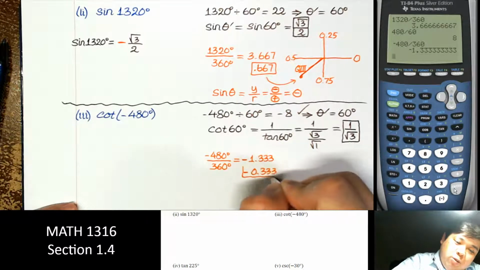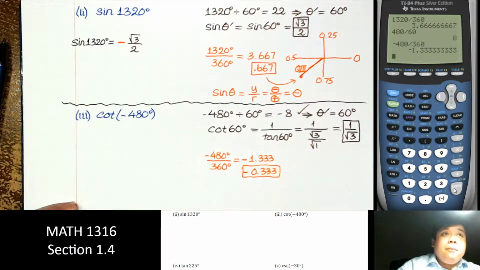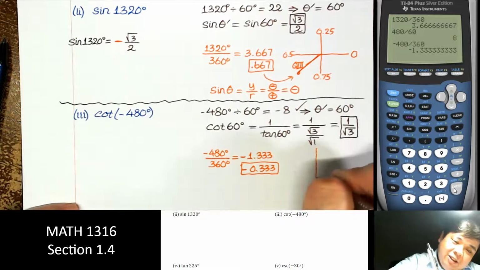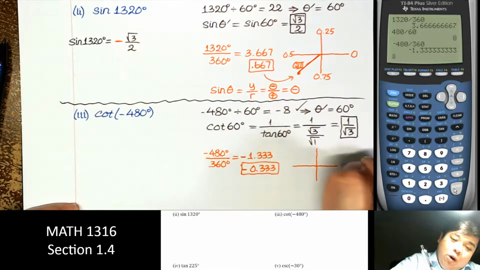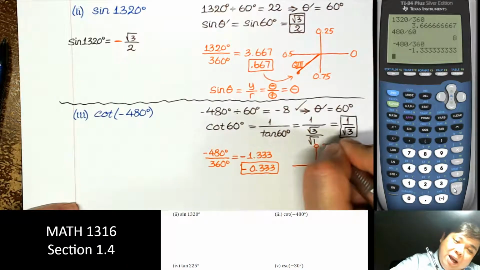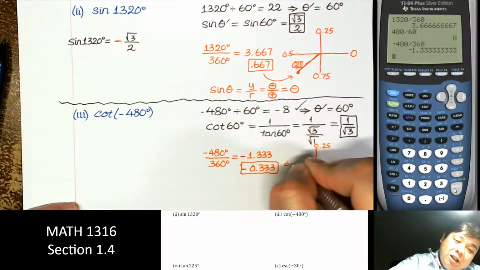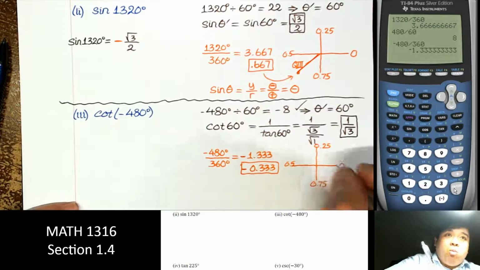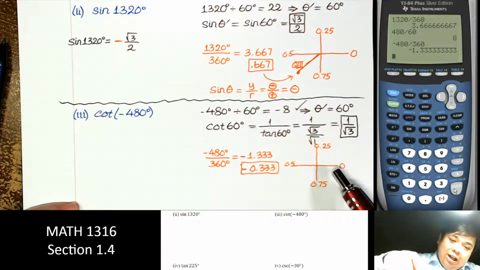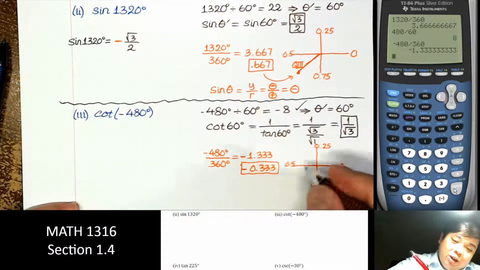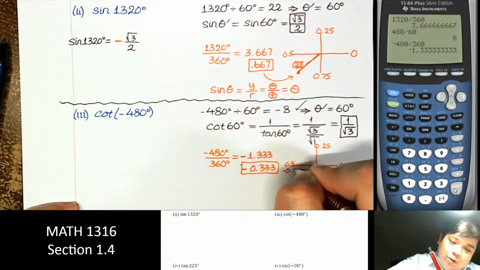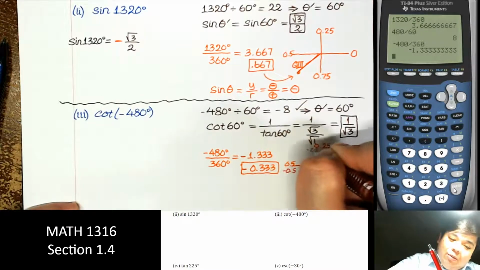And we'll take the next small part. Now, if we go counterclockwise, positive, it will be like this. But if we go clockwise in the negative direction, it will be negative 0.25, negative 0.5, and negative 0.75.